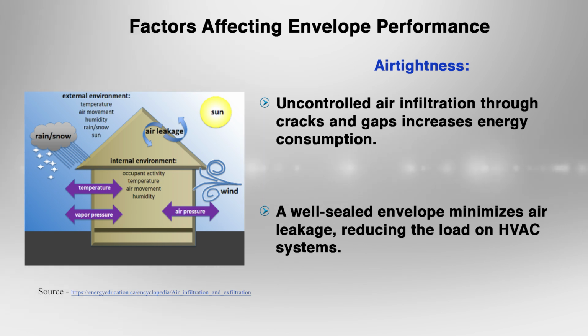Wall assembly design involves selecting the right materials and components to create a wall system that meets specific performance requirements. Now, we are coming to the next slide, that is factors affecting envelope performance.